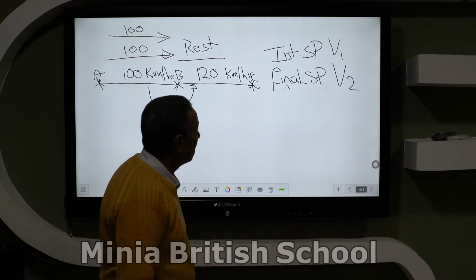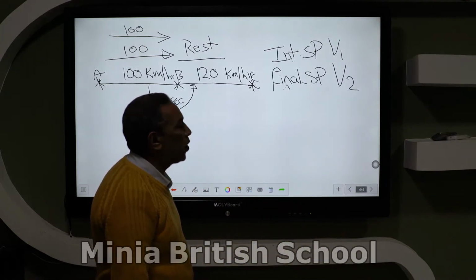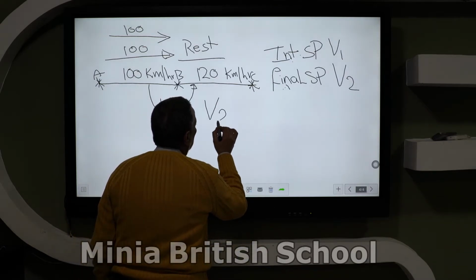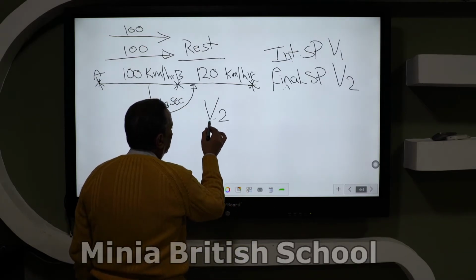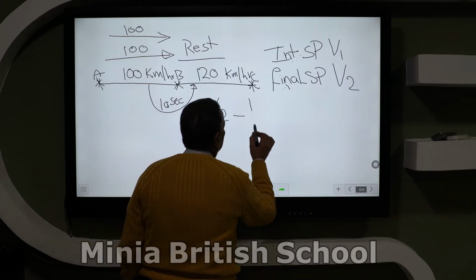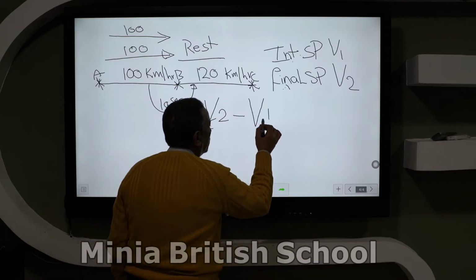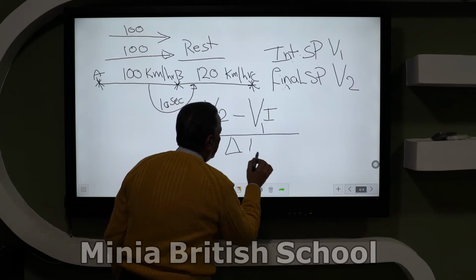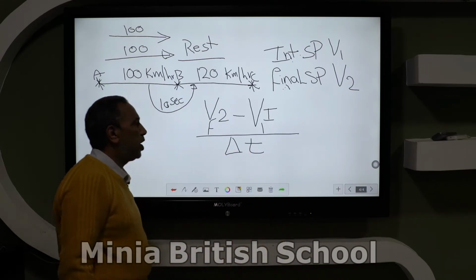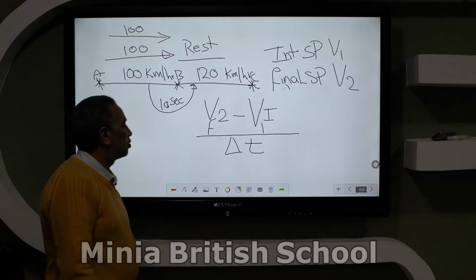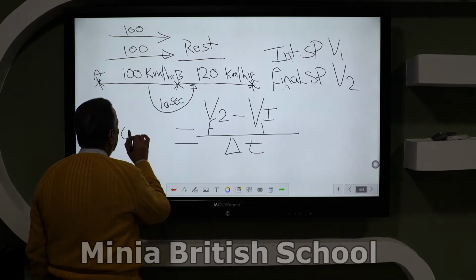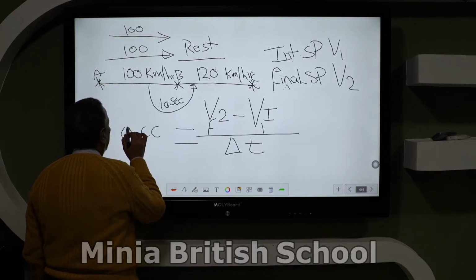And then the change in speed per unit of time will be V2, the final speed, minus V1, the initial speed, over delta t, which is the time of changing the speed. This will give you the acceleration.